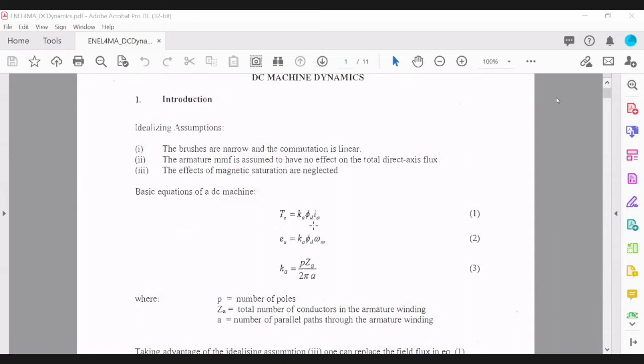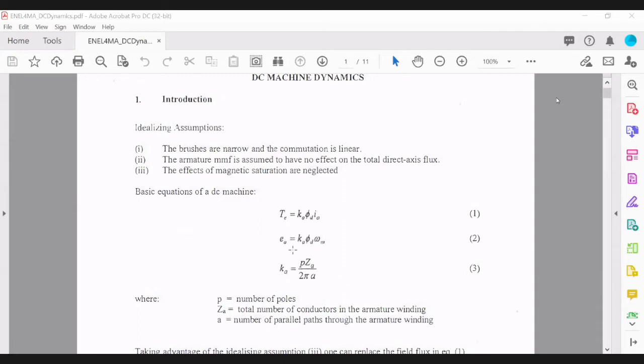So that's the phi D, it's the total direct axis flux, and Ka is a constant that is basically shown in equation 3, right? So it's PZA over 2 pi times A, where P is the number of poles, ZA is the total number of conductors in the armature winding, and A is the number of parallel paths through the armature winding.